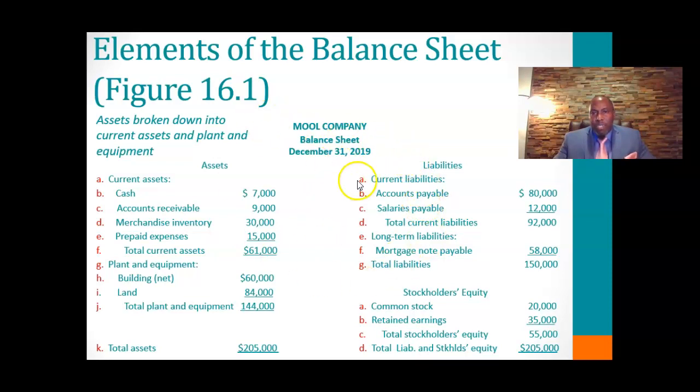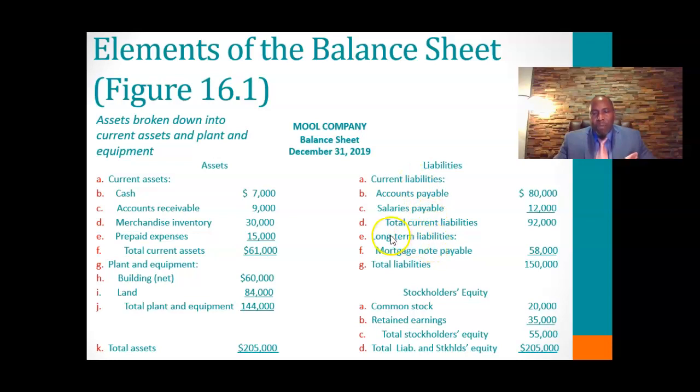Whether current or long-term depends upon when the debt becomes due. So if the item must be paid within 1 year from your balance sheet date, we record that as a current liability.